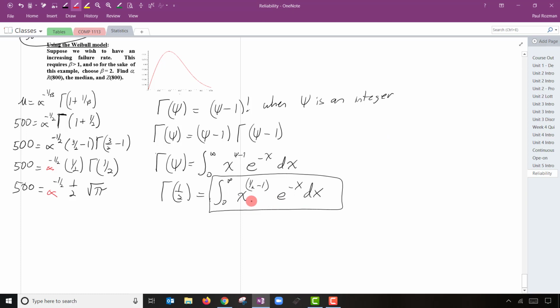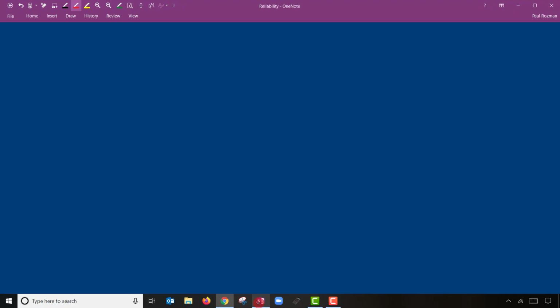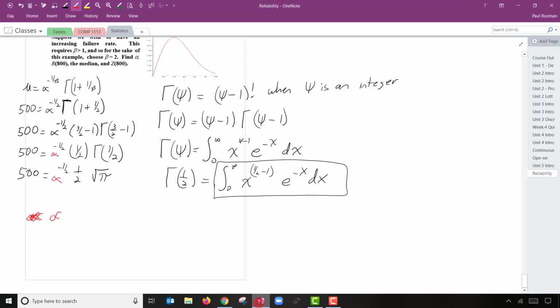Doing a little razzle dazzle here. After you do some algebra, ultimately, you get a value for alpha. It turns out to be pi over 1,000,000.